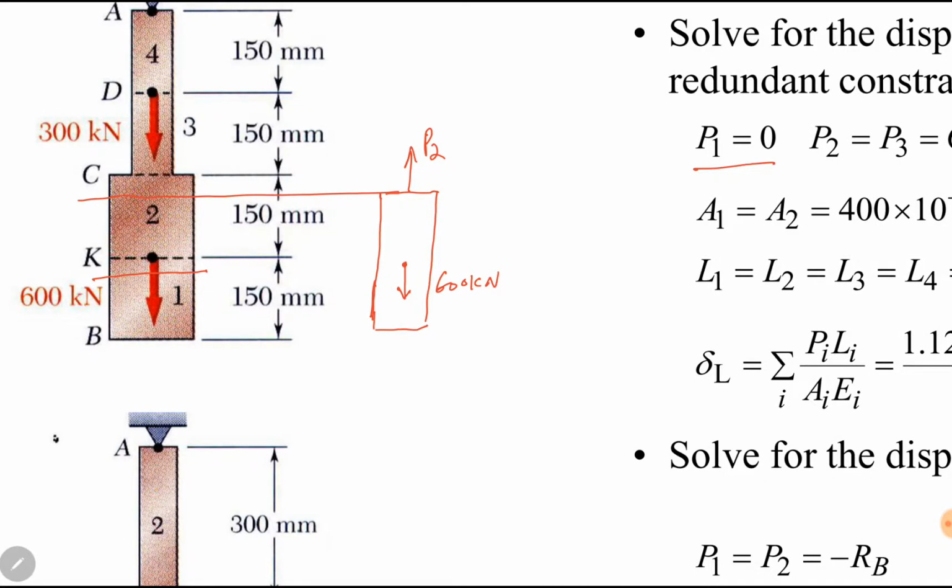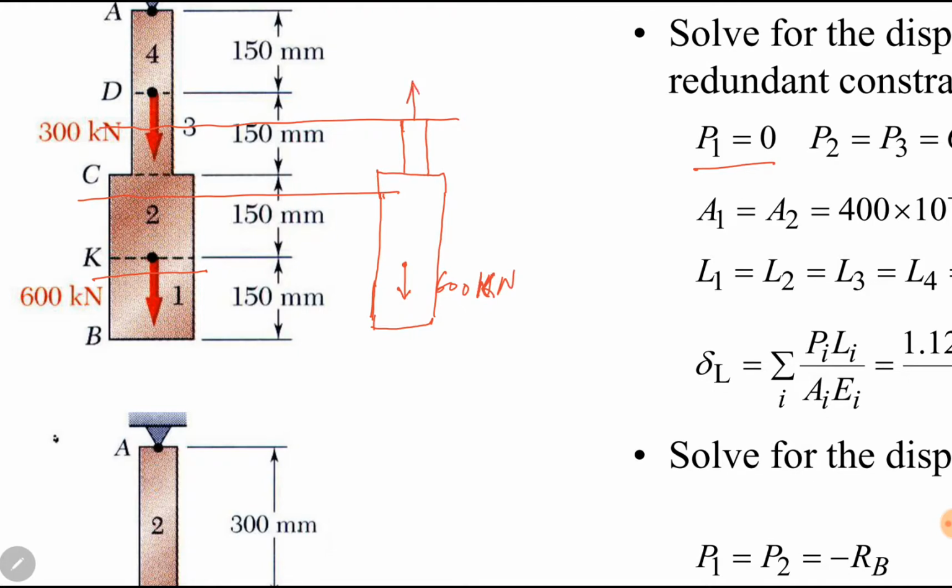Similarly, P3 can be calculated. P3 is here somewhere in section 3. So there is only a single force of 600 kilonewtons.